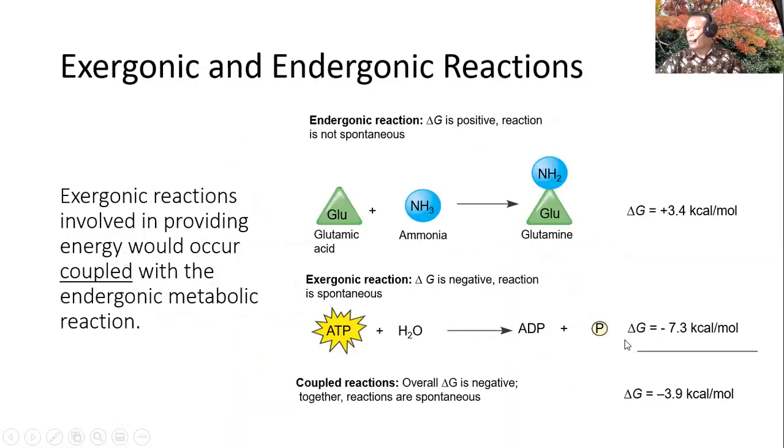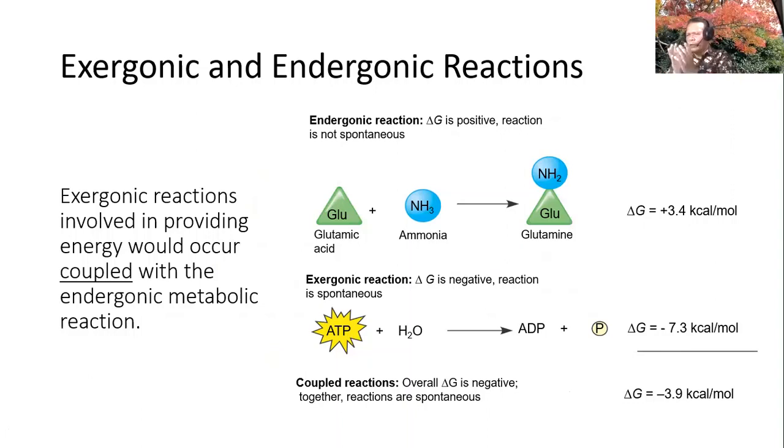Now let's see exergonic and endergonic reactions. These kinds of reactions should be involved in one system.